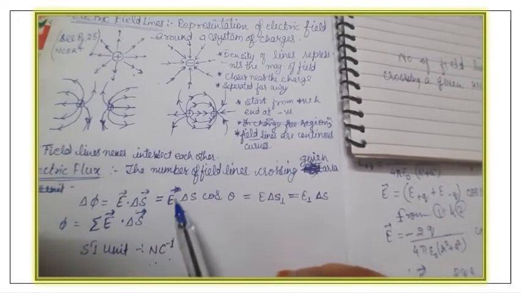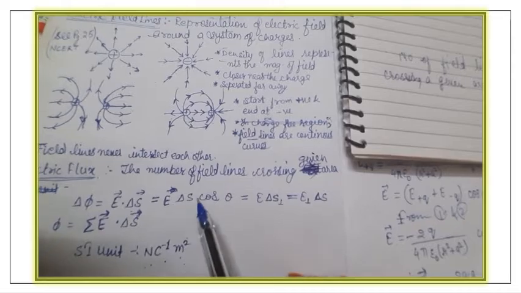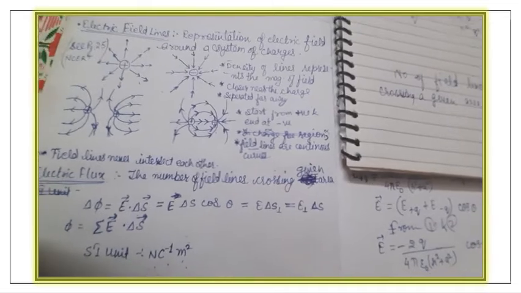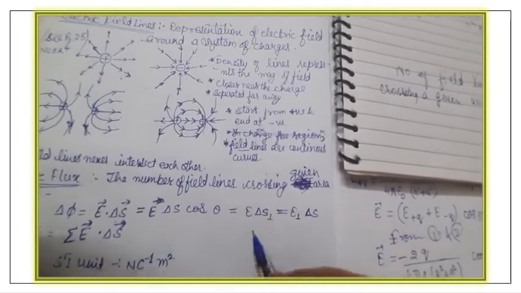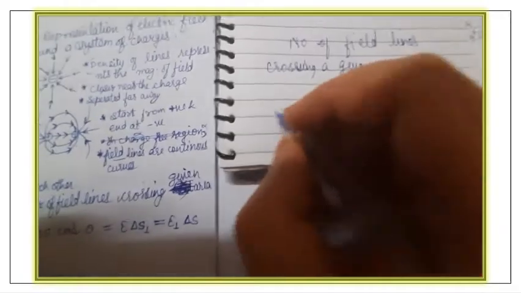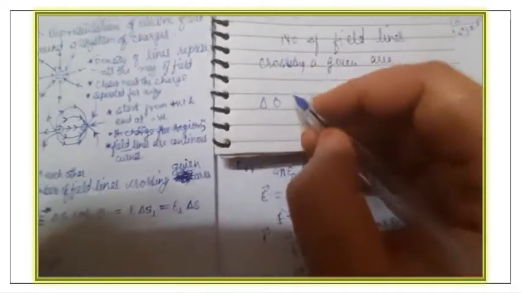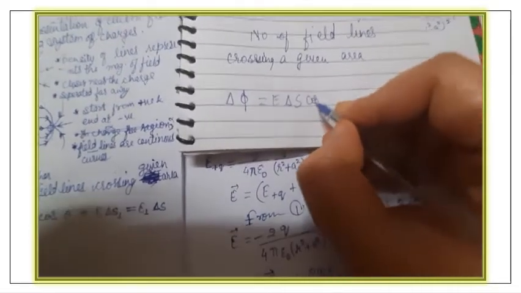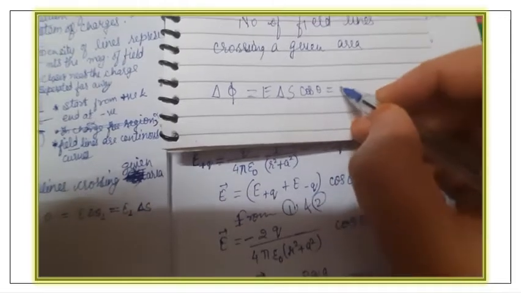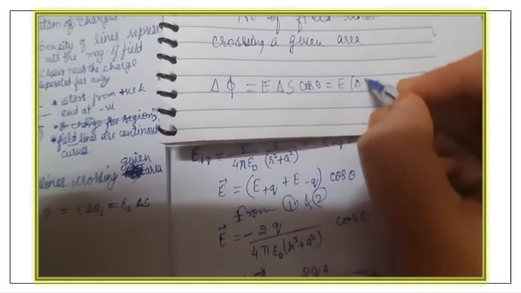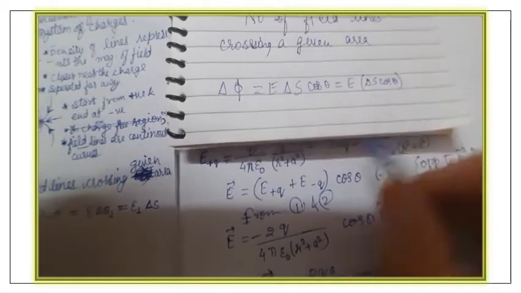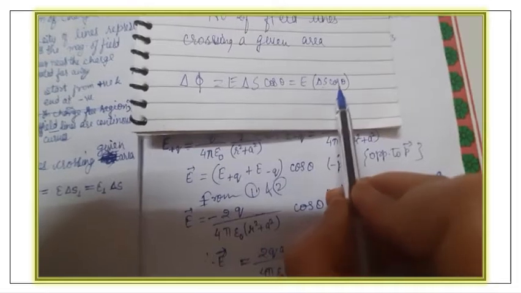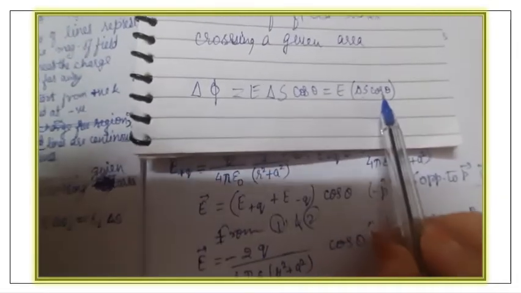So E dot delta S, I can also write as E delta S cos theta, because this is the dot product. Now I got delta phi equals E delta S cos theta. I can either write it as E into delta S cos theta, that is, the magnitude of the electric field multiplied by the cos component of the area.